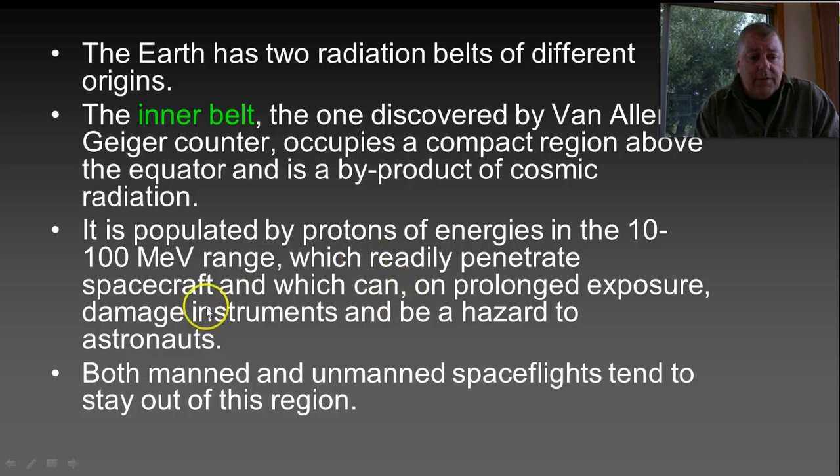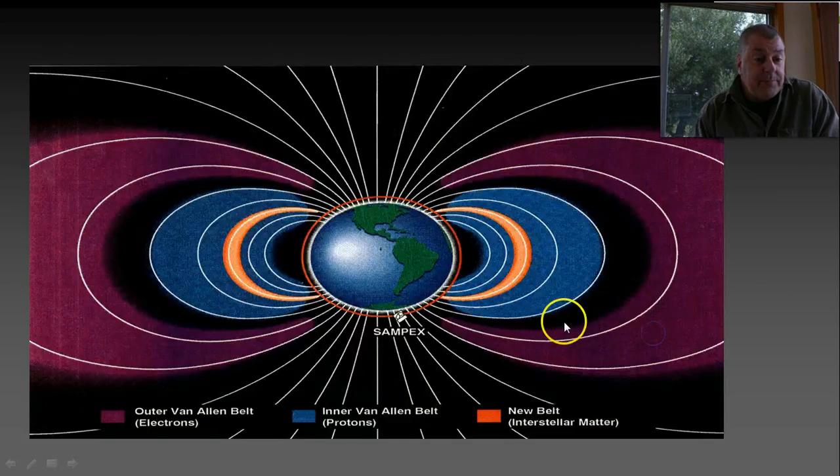They're energetic enough to penetrate spacecraft, and with prolonged exposure could damage instruments, albeit a hazard to astronauts. And so most spacecraft tend to stay out of this region. They whiz through it if they have to, but you wouldn't be sitting in there for too long because it's not healthy for you. And this is a diagram that's trying to represent that.